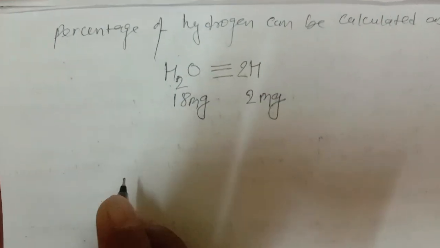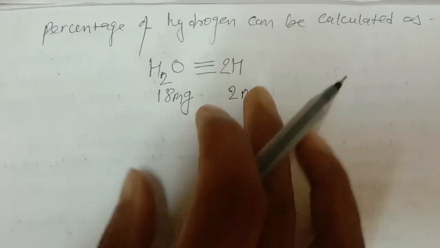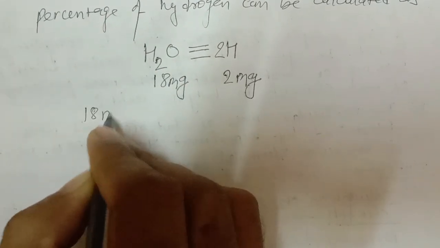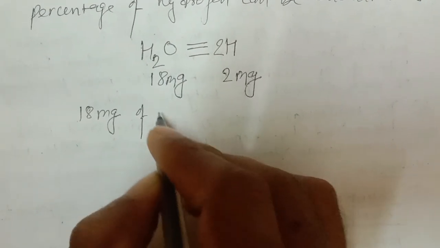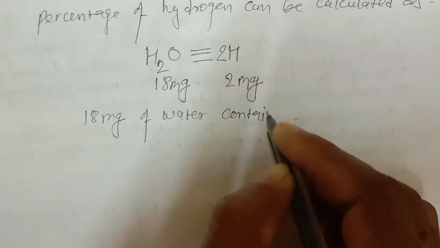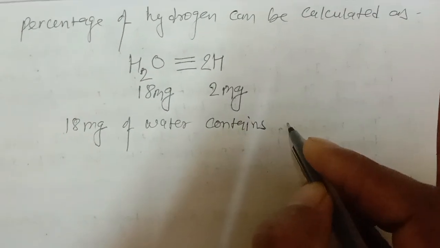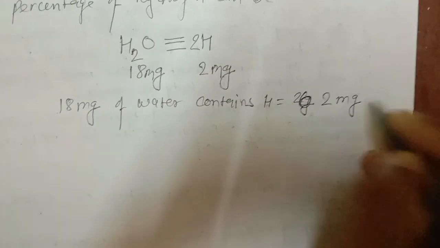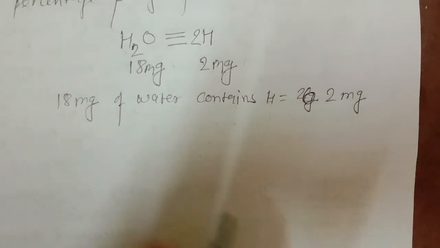Now we will write this expression in language form: 18 milligram of water contains hydrogen equal to 2 milligram.